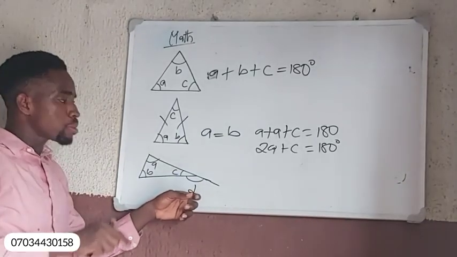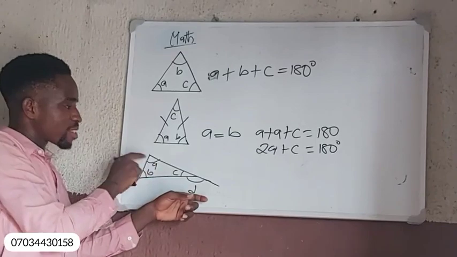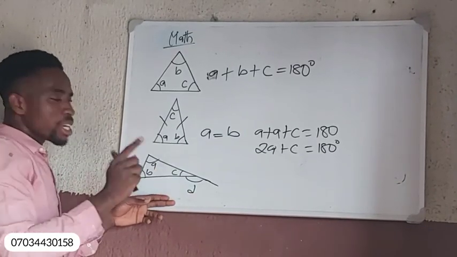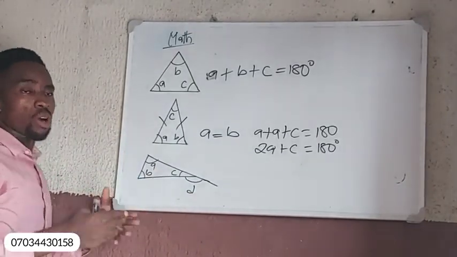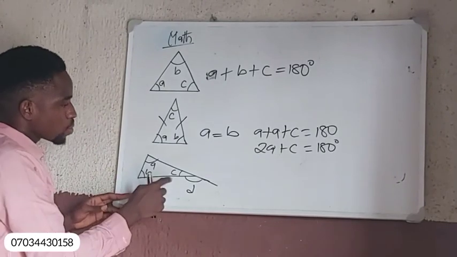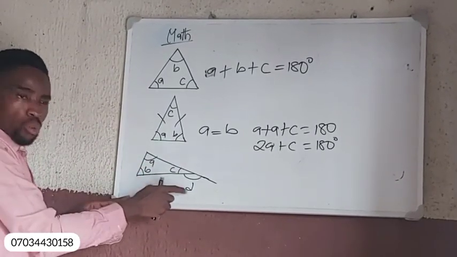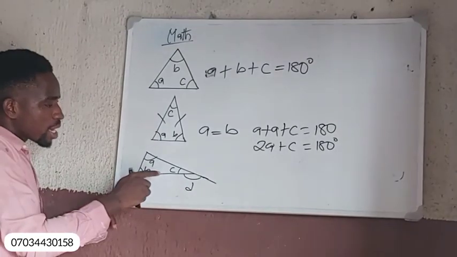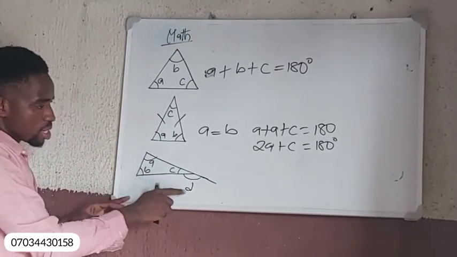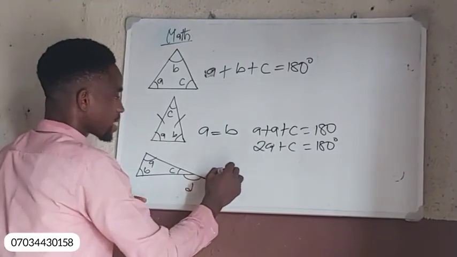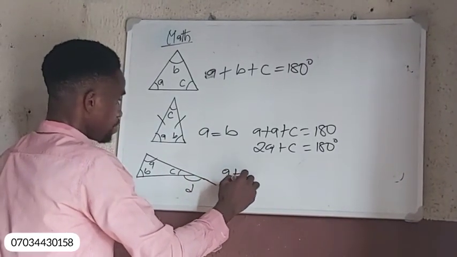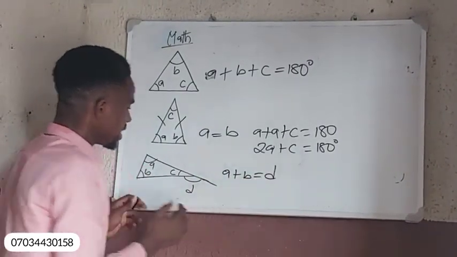Angle D is formed by extending one of the sides of this triangle. So then, by theorem, which we'll prove later, angle A plus angle B is equal to angle D. So we can say that A plus B is equal to D.